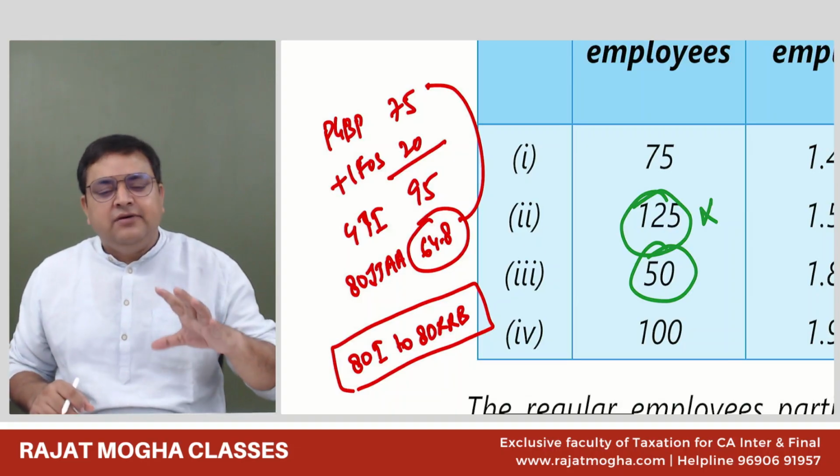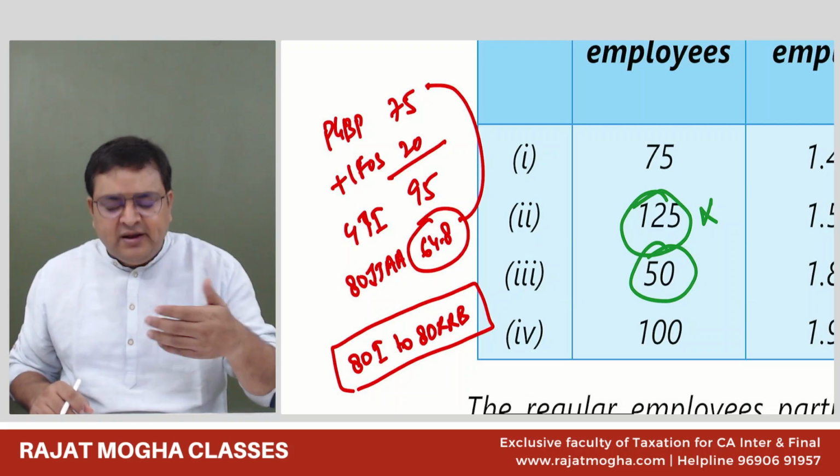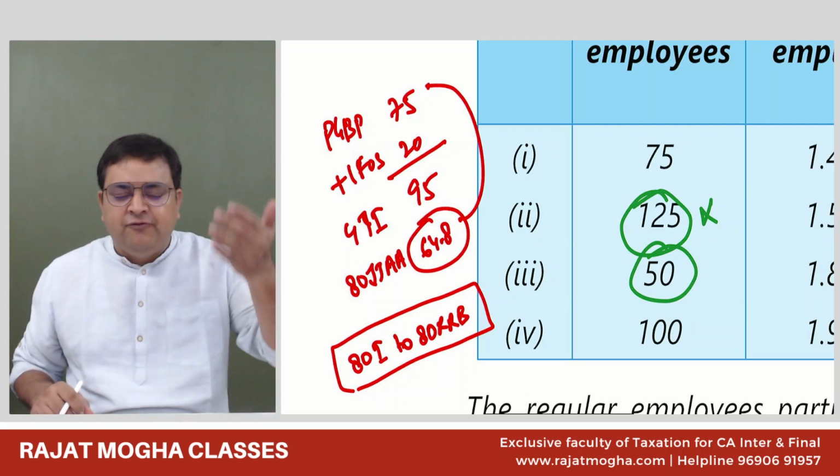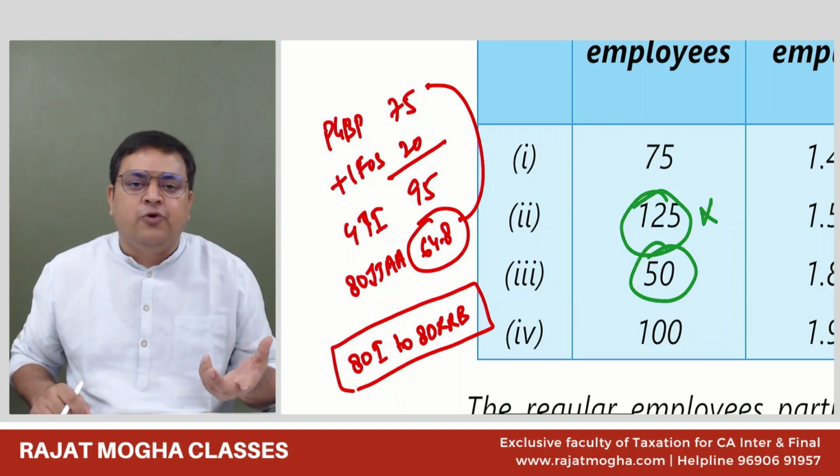So generally, for your syllabus, relevant are 80QQB and RRB, but in QQB and RRB, the formula is such that this deduction can never go more than the royalty income.